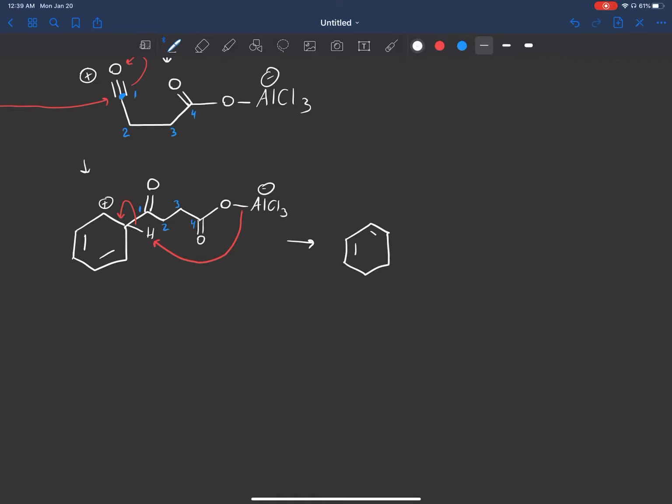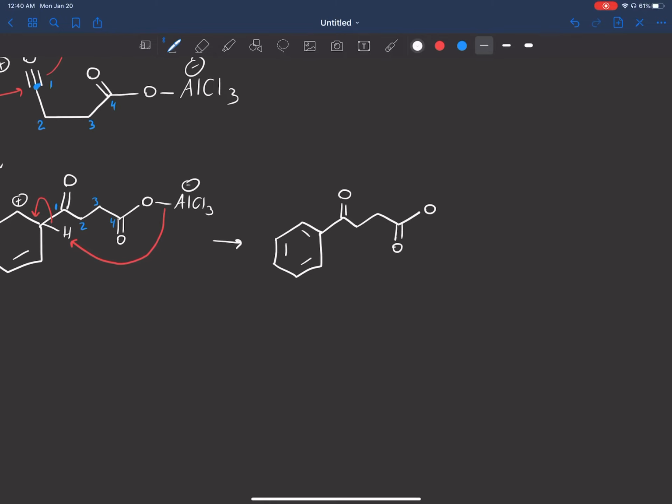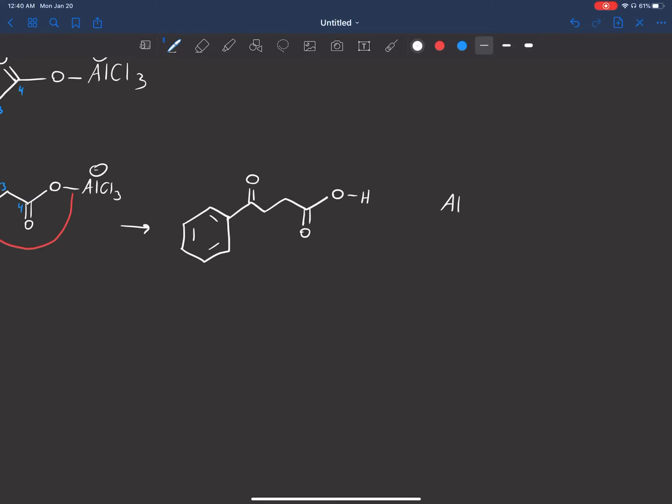Benzene, that carbonyl. And now this O grabbed the hydrogen and we regenerated our AlCl3. So you see, we created a carboxylic acid.